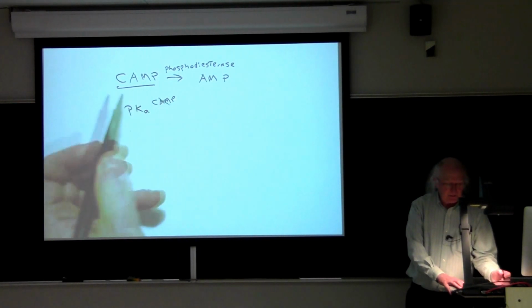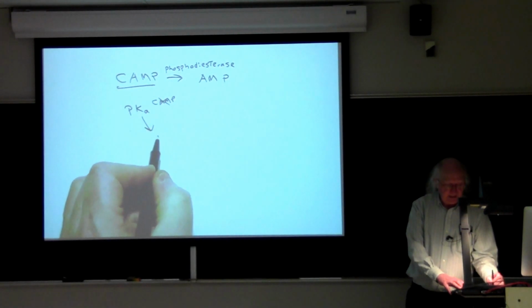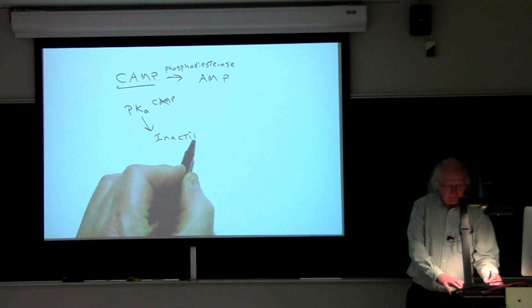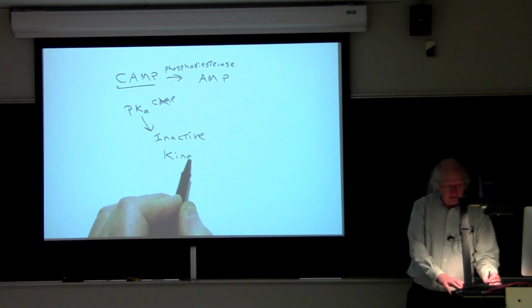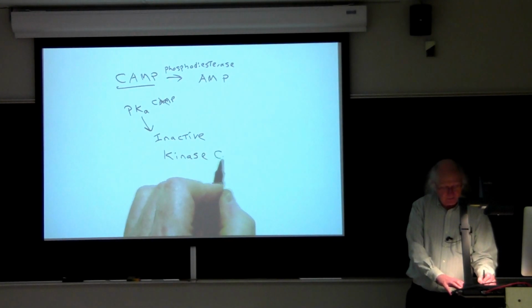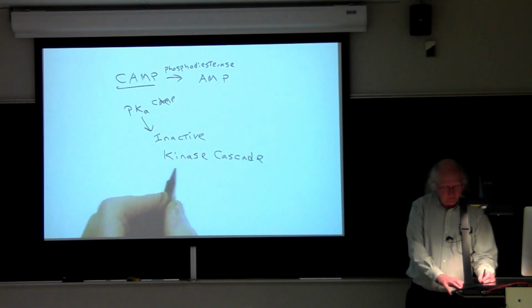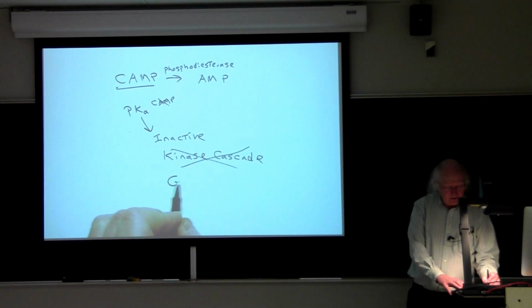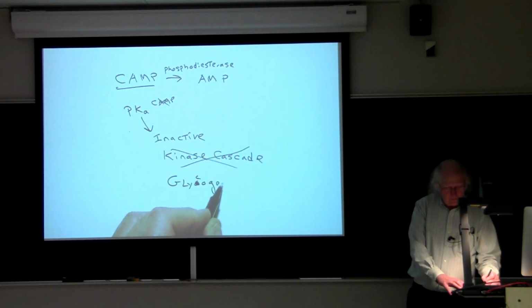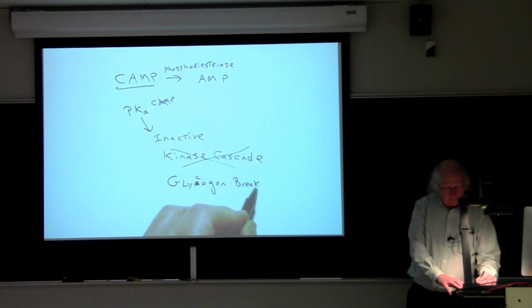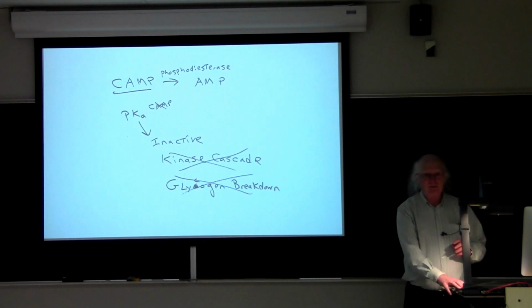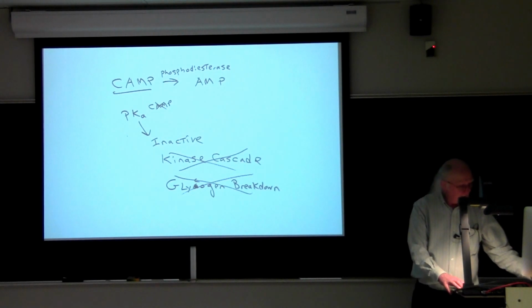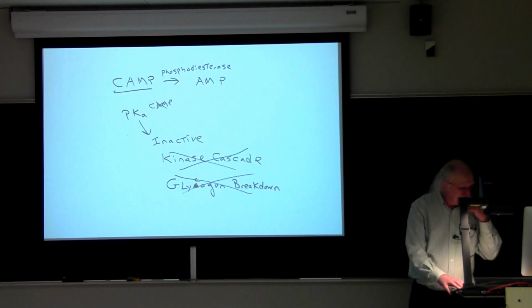So in the absence of cyclic AMP, protein kinase A is going to be inactive more often than not, meaning that the kinase cascade will be inactive, and consequently, glycogen breakdown will also be inactive. So the consequences of an overactive phosphodiesterase would be just that. The last part of the question says, predict the way in which this cell differs, I guess I've done that.